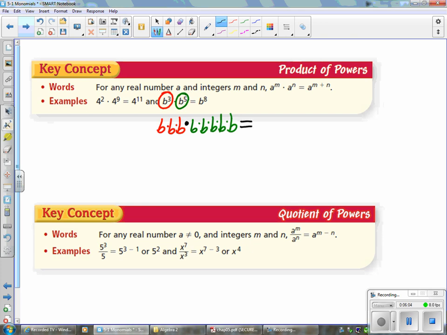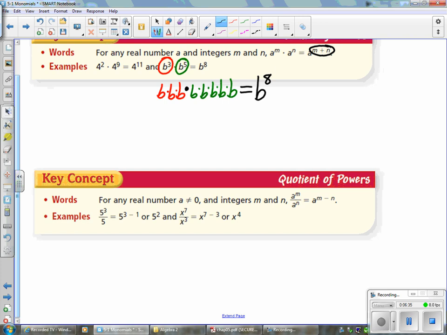So I have 8 of them. So I can just write this as b to the 8. And so the shortcut is, when I'm multiplying the same bases, I can add those exponents together. So if I have a to the 3 and a to the 5, I can just simply go a to the 3 plus 5 equals a to the 8.